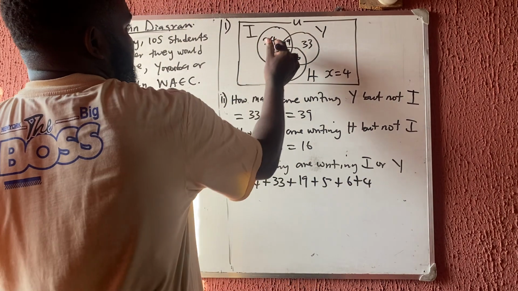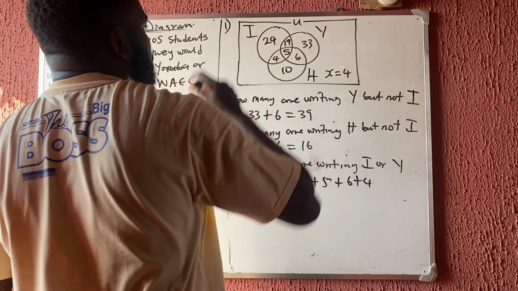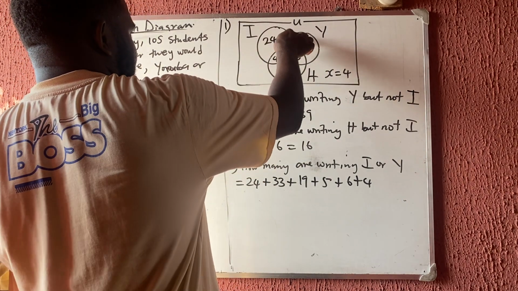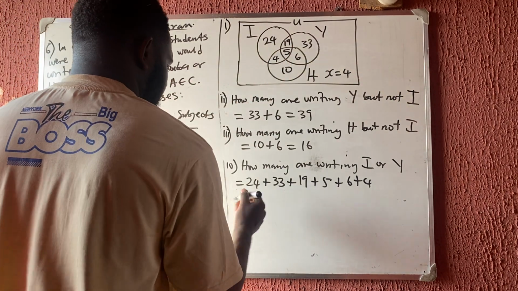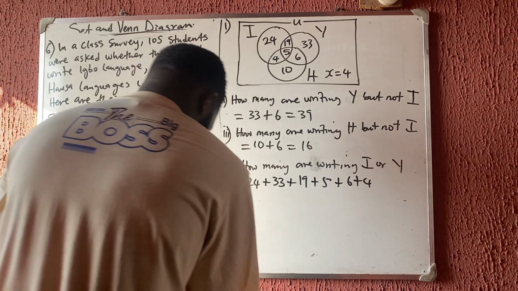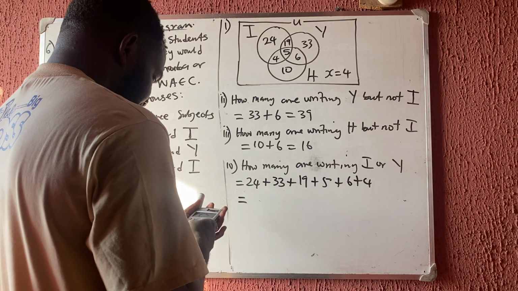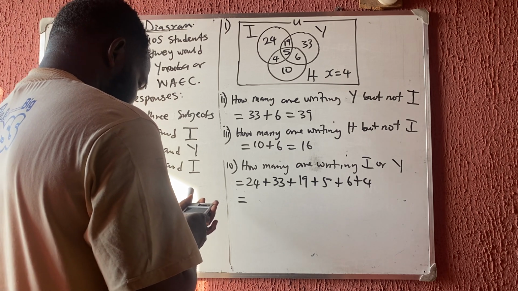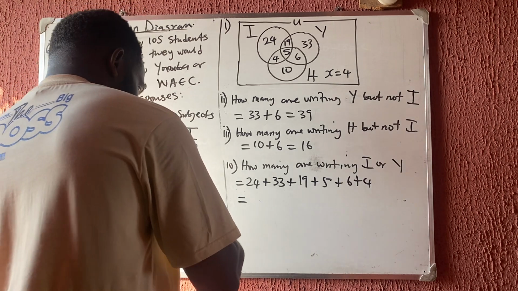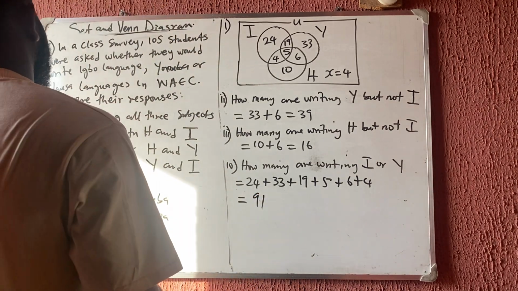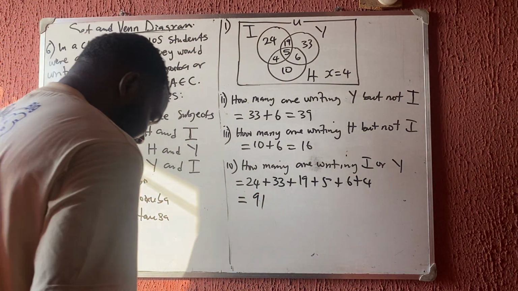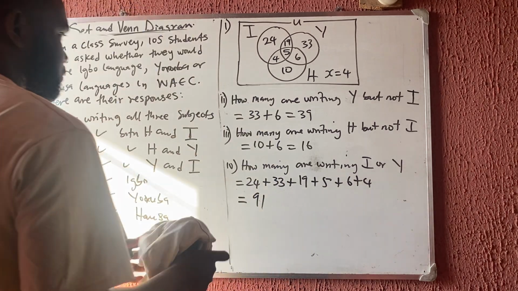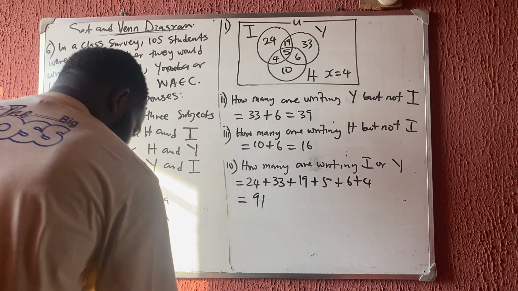Everything that entered inside of Yoruba and Igbo is what we are adding. So I have 24 plus 33 plus 19 plus 5 plus 10. So I have 91. Yes, 91. Very correct. So we go to the next one.